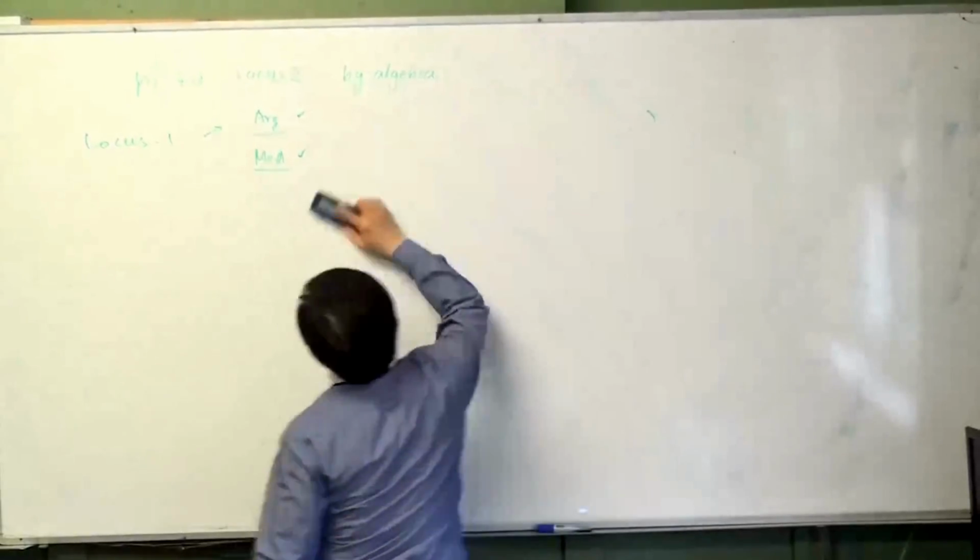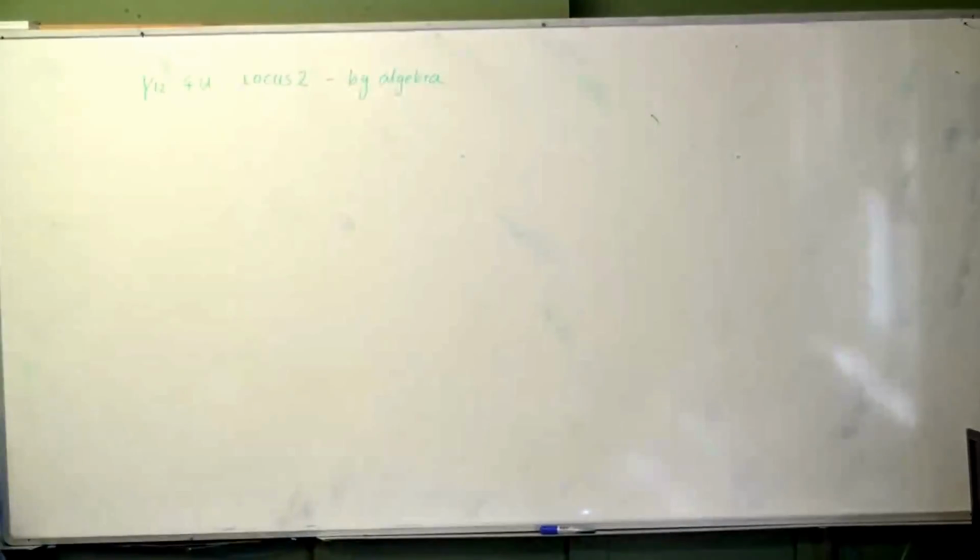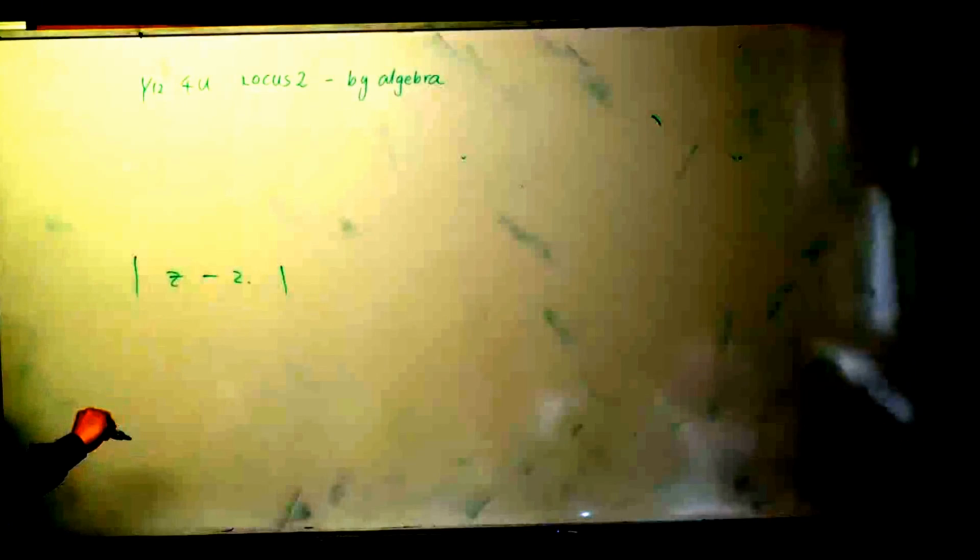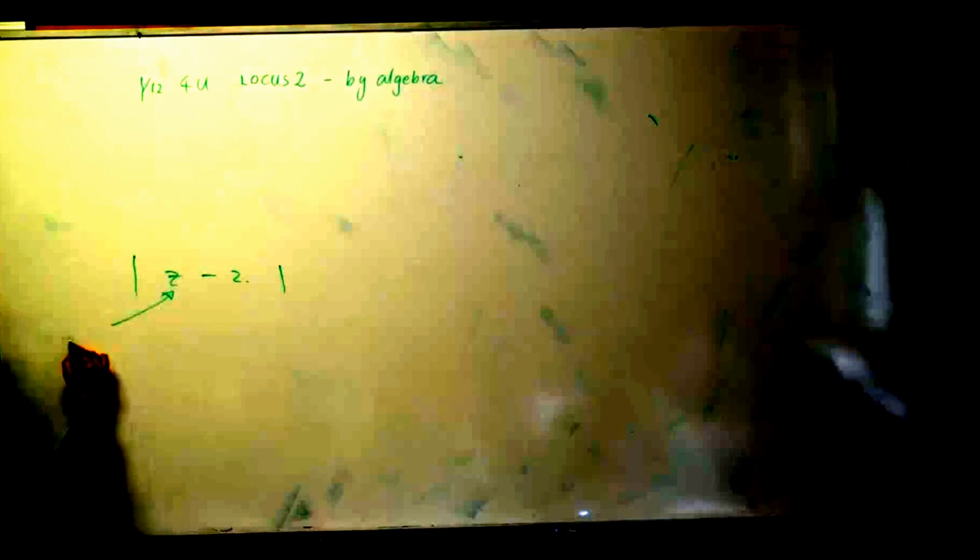Okay, so I introduce the notation here, like modulus of z minus 2. So what is it? Z equals x plus yi, isn't it?